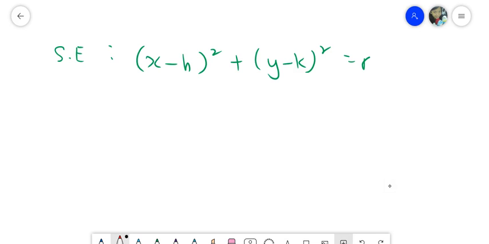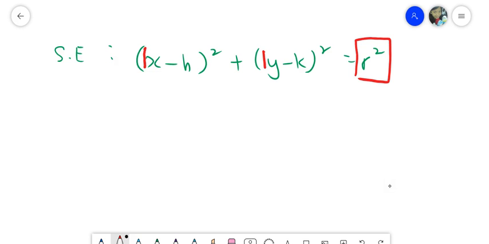I repeat myself again. You look at the coefficient of x and y, it is a positive 1. Agree? At the same time, on your right hand side, you have a number.